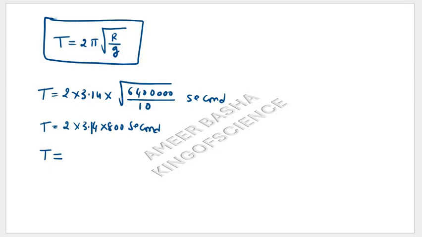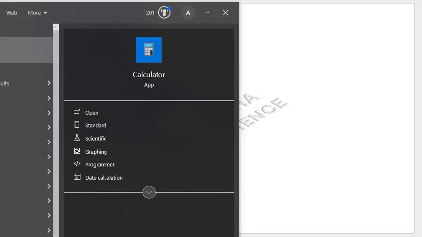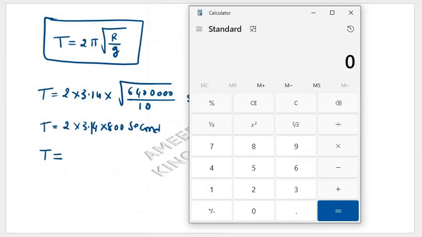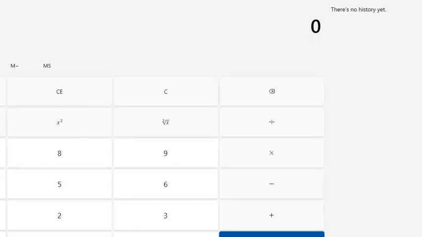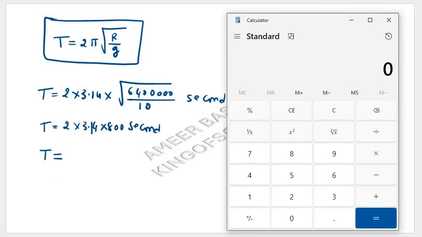Let me calculate with the calculator. 2 into 3.14, into 800. Remember, in the exam there is no calculator, you need to do it yourself. This comes out to be 5024 seconds.